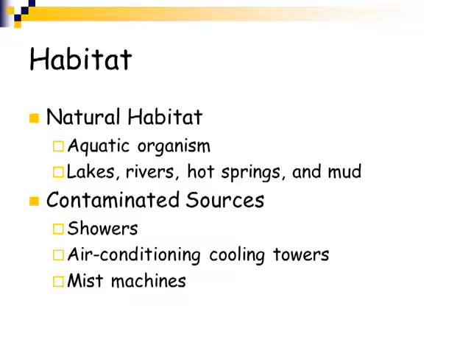Now, the natural habitat of Legionella is that it is an aquatic organism. It lives in lakes, rivers, hot springs, moist mud, soil, but that has to be moist. And it is found in contaminated sources. So it's found in shower heads, in air conditioning cooling towers, as well as misting machines.